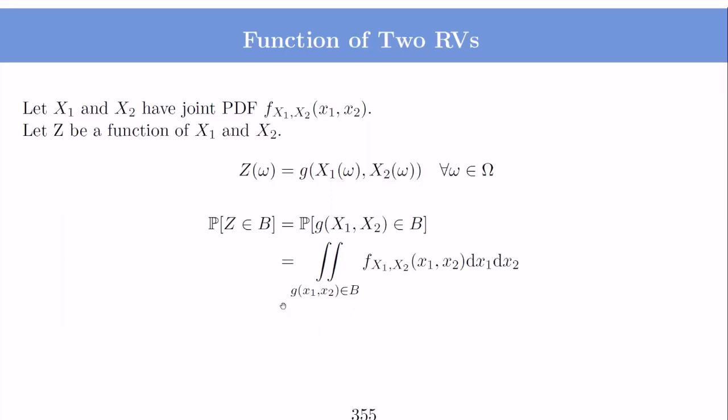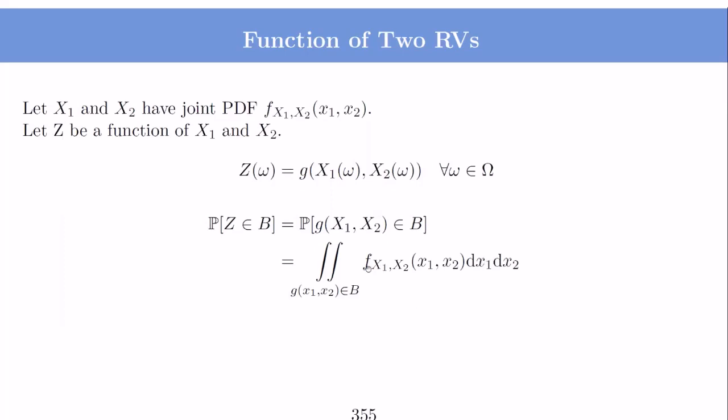Because this set contains all the points which satisfy the condition that when you apply g, they will be in B. So this denotes the area of all points where, if X1 and X2 take values there, their function g would be in B. We have already discussed this form in the past when we were talking about joint distributions.